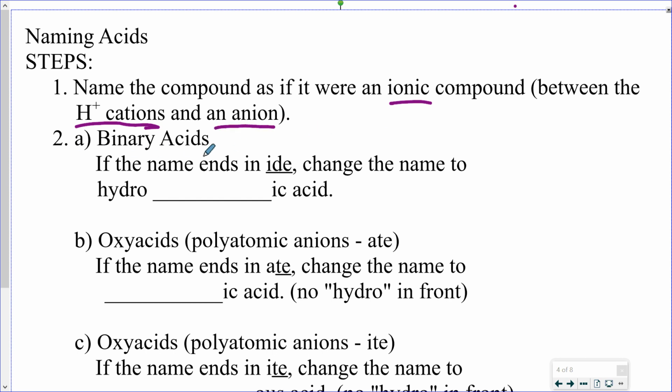Binary acids, that's what we already came across, where we only have two different kinds of atoms or elements. Binary. So for this one here, they will end in -ide. The anion, the non-metal, will have the ending -ide.